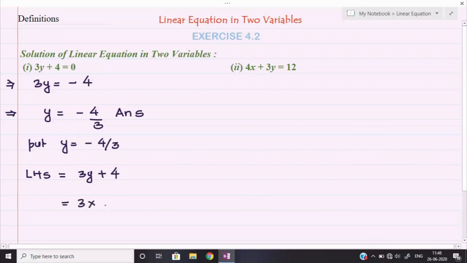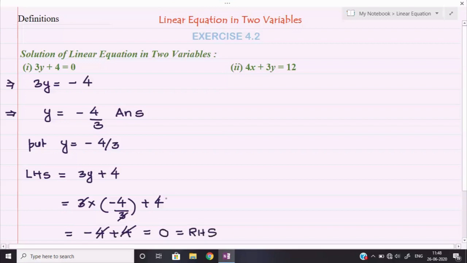So 3 into the value of y, minus 4 upon 3, and then plus 4 as it is. Here 3 and 3 cancel, what remains is minus 4. Minus 4 plus 4 also cancel. We got 0, which is equal to the right hand side.